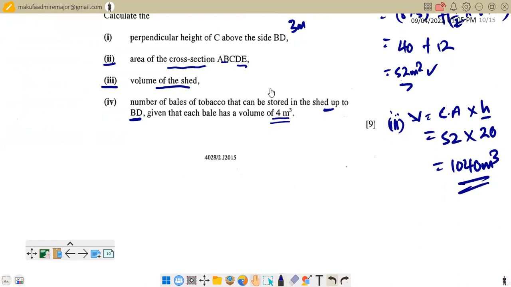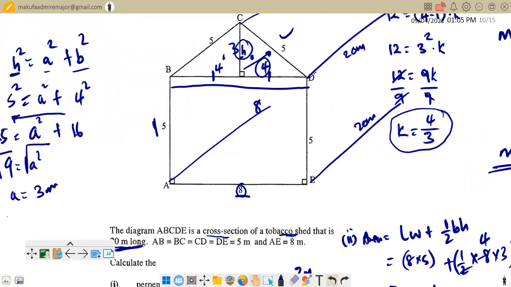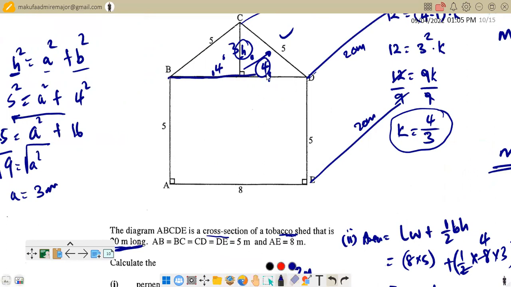So let us go back to our diagram. Up to BD. This is where our BD is situated at this point. So which means we are referring to this now as our cross section. Let me remove this part again, so that we can clearly understand each other here. Okay, this is where our BD is situated at this point. All right, this is your BD.